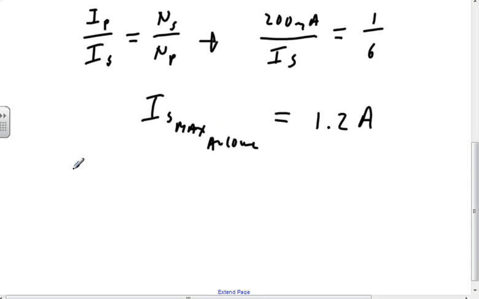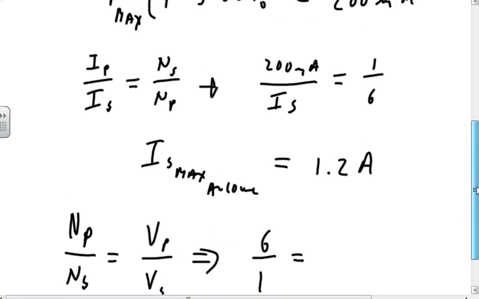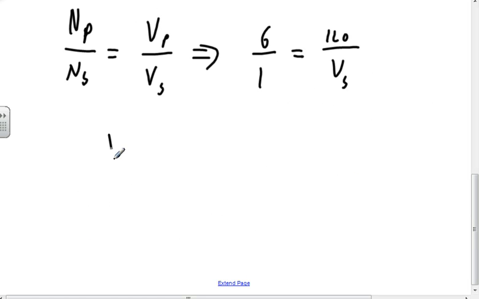Now, voltage: turns primary to turns secondary equals voltage primary divided by voltage secondary, implying 6 to 1 is equal to 120 divided by voltage secondary. So the voltage secondary is going to be 120 divided by 6, 20 volts.